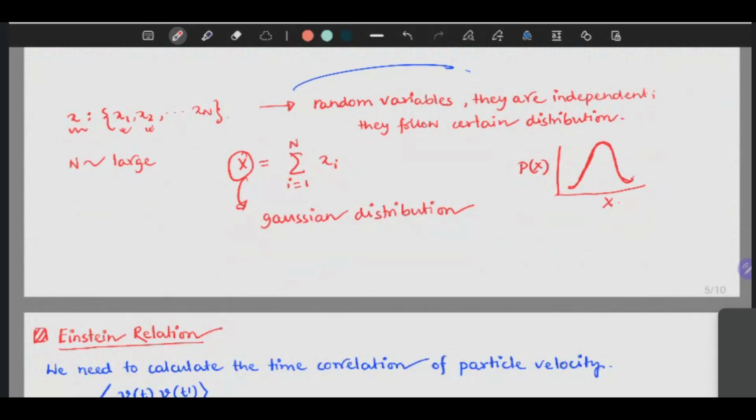Now if you solve it, you get v(t) is v0 e to the power minus t by tau v plus 1 by m integral from 0 to t dt1 e to the power minus (t minus t1) by tau v fr(t1). Okay, clear, right?